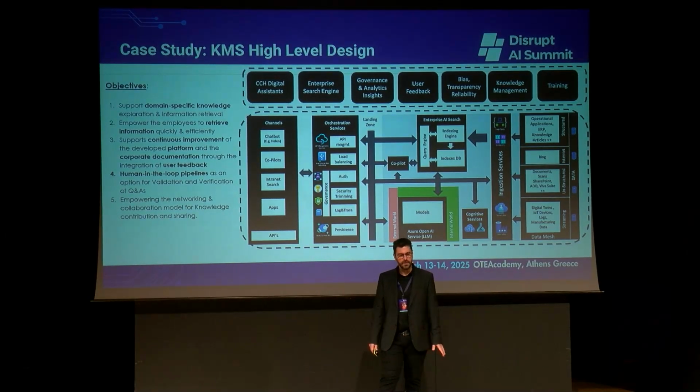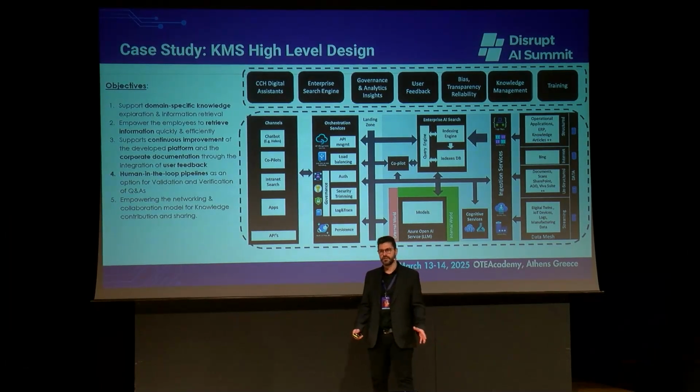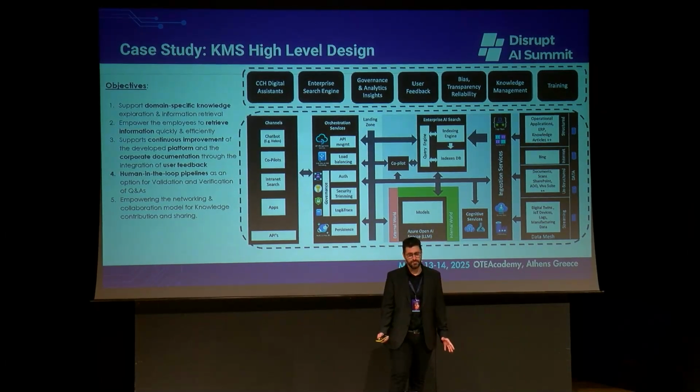The system is targeting 2 different personas. One persona is the user accessing the system, but through that process we also saw a huge opportunity to become better at documenting our solutions and our internal knowledge. Now we know exactly what the users are asking and whether they are happy with the replies of the system, and we use that feedback to go back to the owners to optimize and create new content.